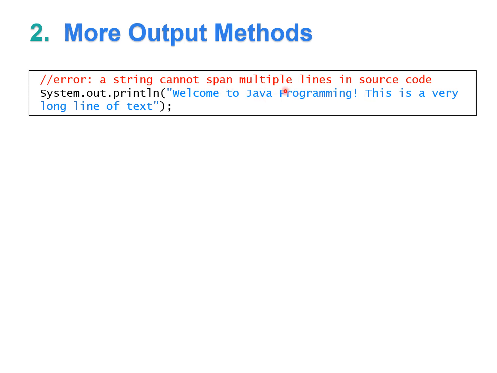For example, if you use a single println statement to print out a line of text as long as this one, you may not be able to see the entire line of code in the editor window without scrolling. If you wrap your line of code, then it would break the string into multiple lines and cause a syntax error.